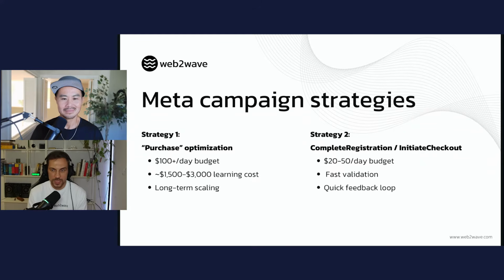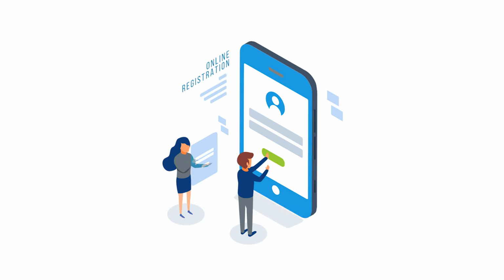So in this case, we recommend setting up in parallel, or starting with, strategy 2. It is good for the beginning. In this strategy, you optimize your campaigns on different events that happen before the payment. For instance, it can be complete registration if you ask users for an email. It can be initiate checkout when they open the payment form.